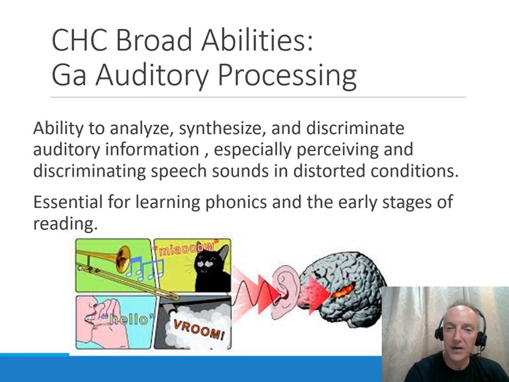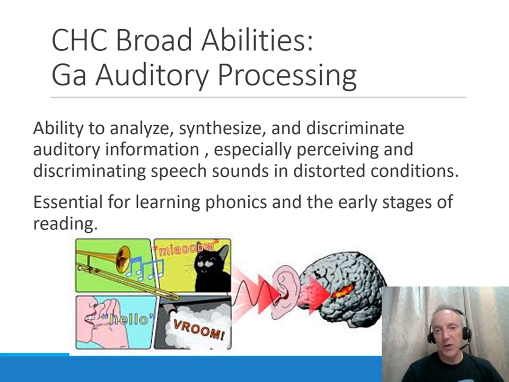Before you even are introduced to the printed word, you need to be able to discriminate sounds. So kids who grasp reading early, even before they were ready to read, could do things like rhyming and play with sounds and things like that.